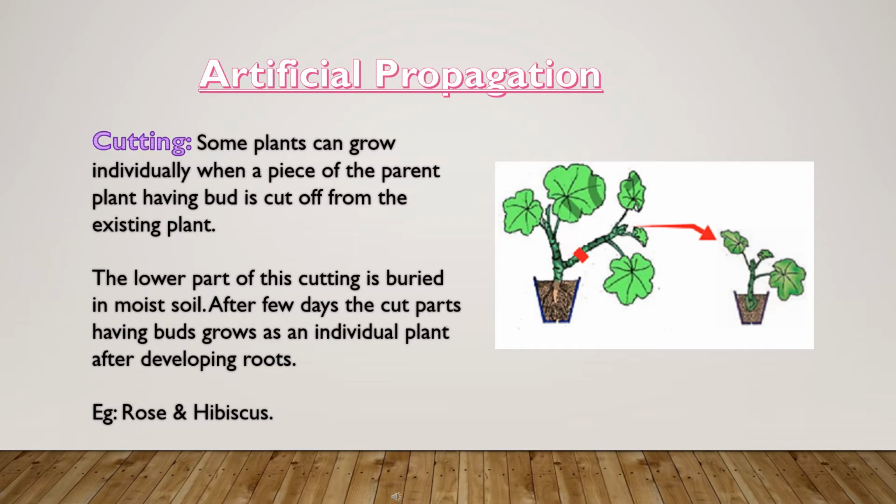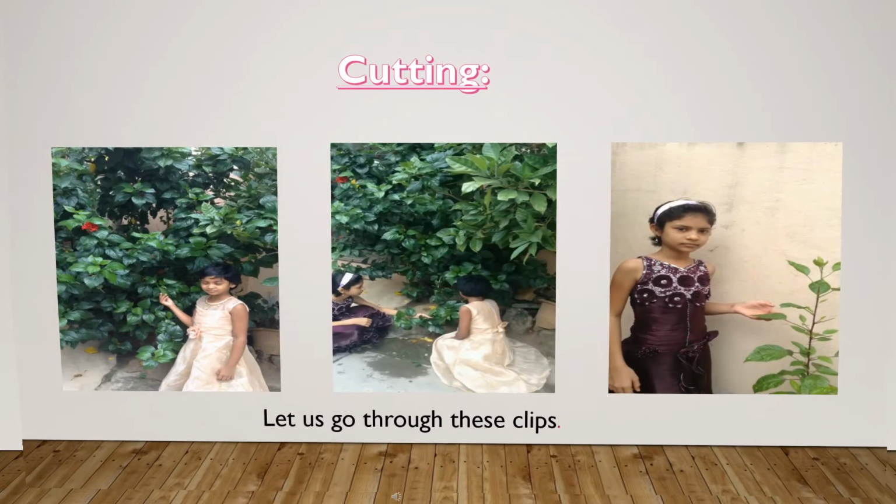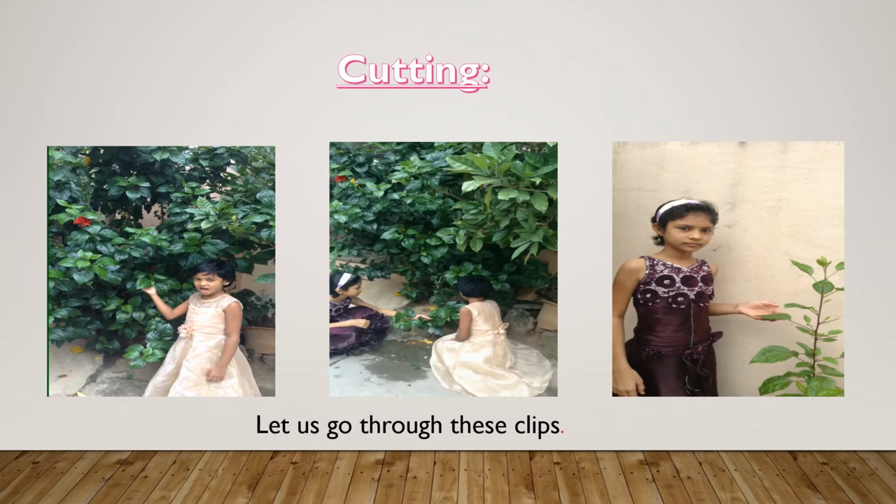Cutting is the process in which some plants can grow individually when a piece of the parent plant that has a bud is cut off from the existing plant. The lower part of this cutting is buried in moist soil. After a few days, the cut part having buds grows as an individual plant after developing roots. This process is mainly shown in rose and hibiscus. This is a hibiscus plant.